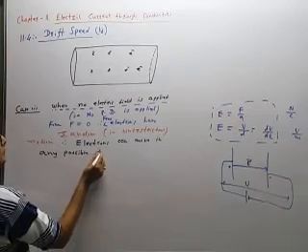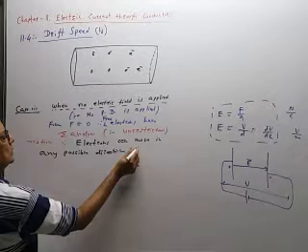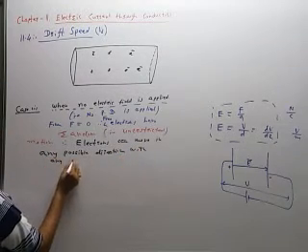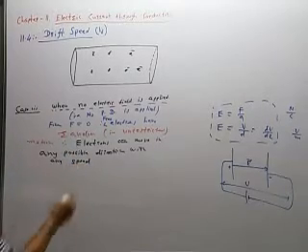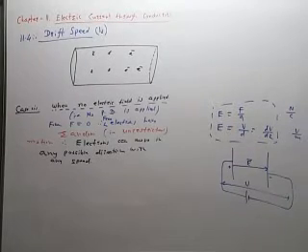There is no restriction. Any possible direction with any speed, like this. This type of motion is called random motion. So what is the result of random motion?